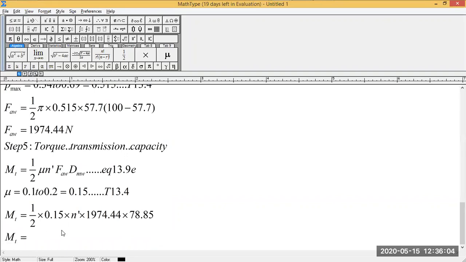Let's calculate: 1974.44 into 78.85 amounts to 11676.35 n dash.